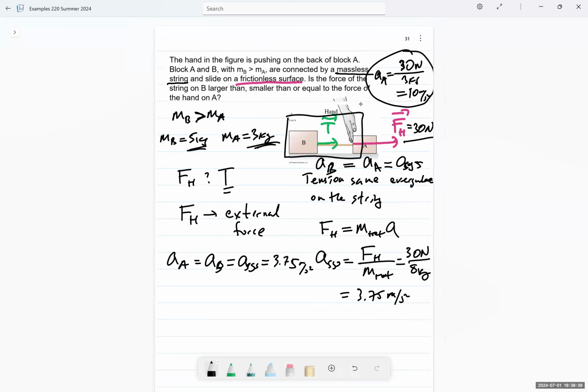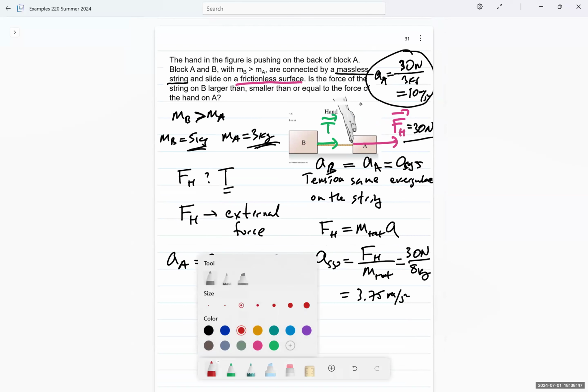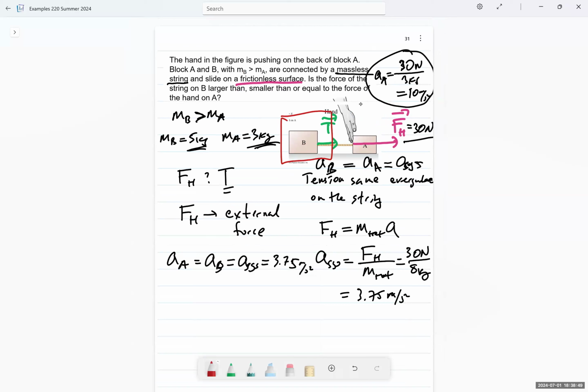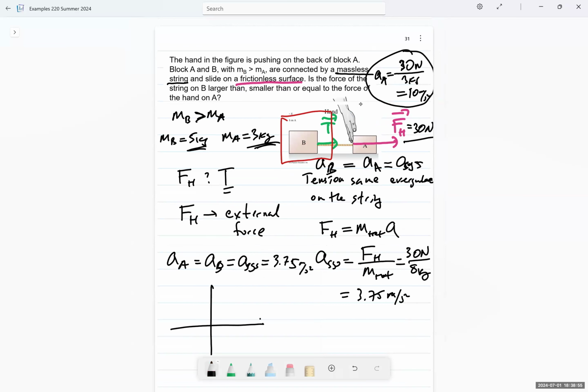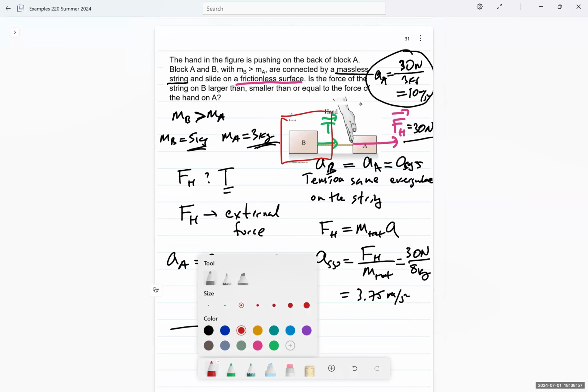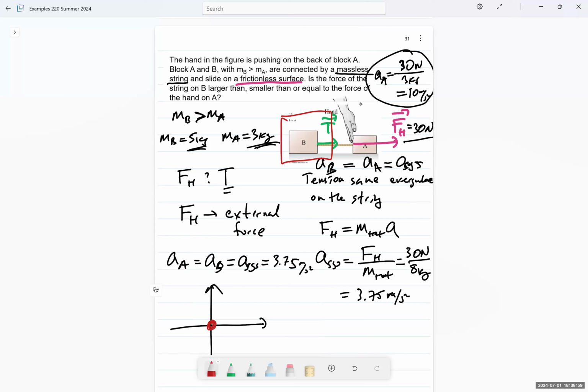Now, to find information about an internal force like tension, like I said, I have to break this into smaller parts. So just look at B. Because there is no friction, the only horizontal force acting on B is the tension to the right.